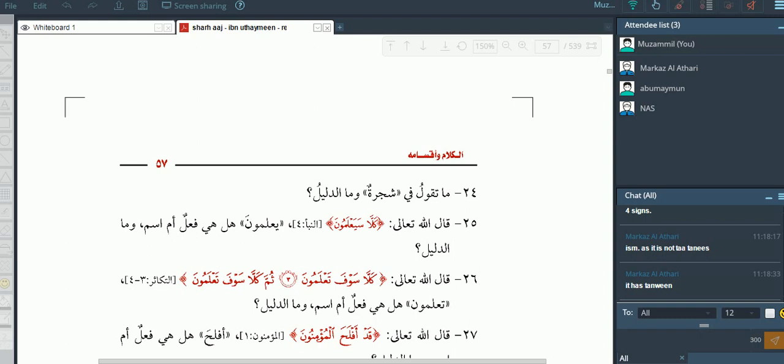Question 25. قال الله تعالى كلا سيعلمون. I think we made the text bigger. يعلمون هل هي فعل أم اسم وما الدليل.